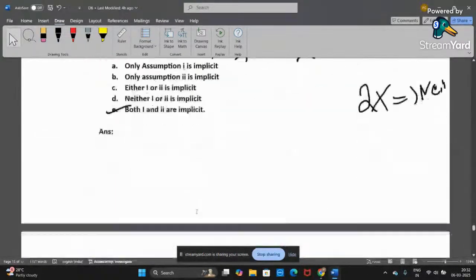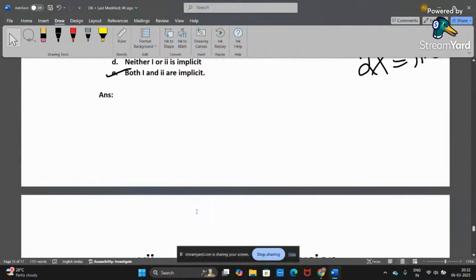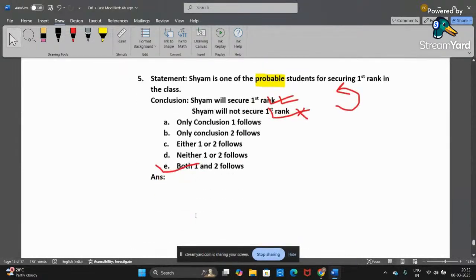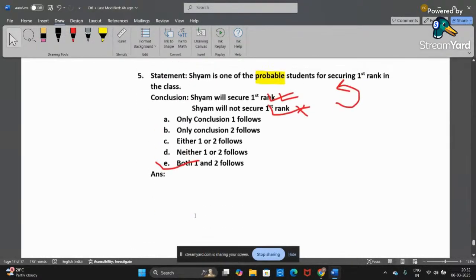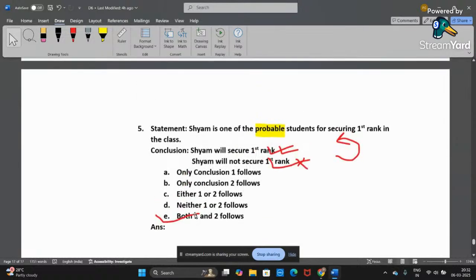Okay, I need to explain the statement conclusion topic, right? The last question. See, in this, they have given that Sham is one of the probable students for securing first rank in the class. They're using the word probable. That means he may secure first rank or not.